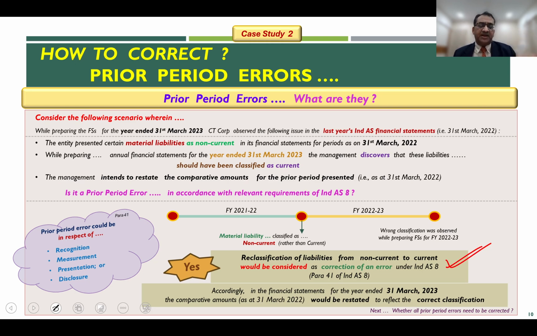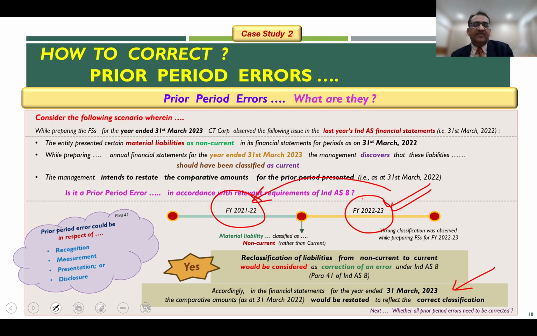It is a prior period error, and therefore in the financial statements for 22-23, the comparative amount for 21-22 would be restated to reflect the correct classification. That is the requirement: you have made the error, you are detecting it in a subsequent period, then correct it in this period, and you now show the comparative correctly when presenting the financial statements for 22-23.